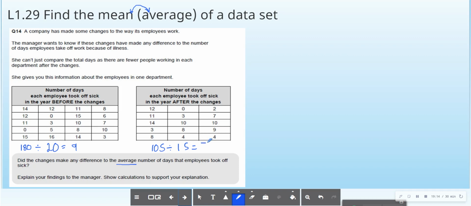That gives us 7. So before the changes, the average was 9. After the changes, the average was 7. These are our calculations, and we can see that the changes have made a difference because now the average number of days taken off is lower.